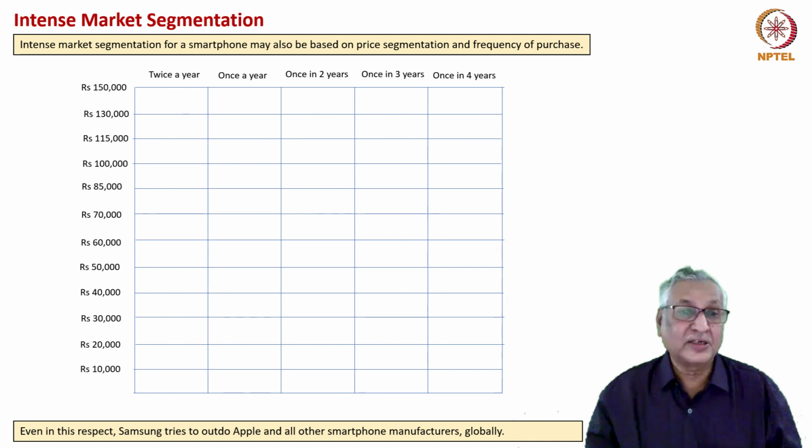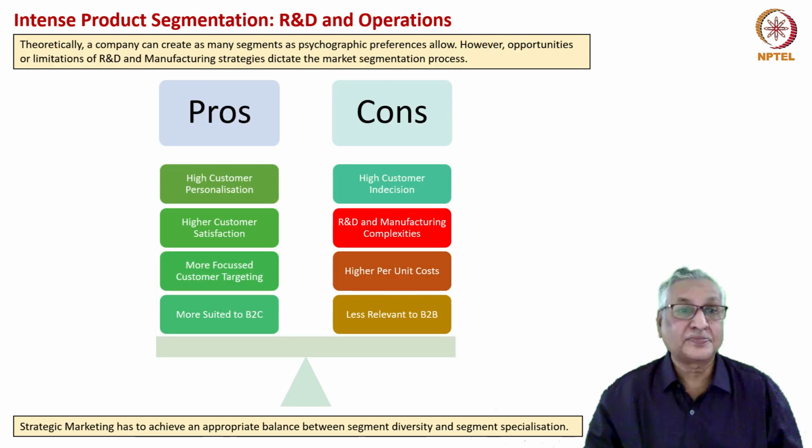These two strategies, that is intense product segmentation or intense market segmentation, have their own implications for the company's operations in terms of research and development and manufacturing. Let's look at those implications.